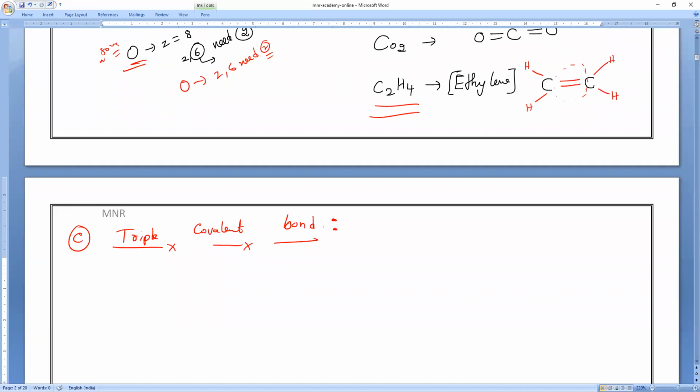Mr. Pugal, formed due to what, guys? Due to sharing of how many electrons, Pugal? Sharing of 3 electrons, 3 electrons from each atom, is called a triple covalent bond.